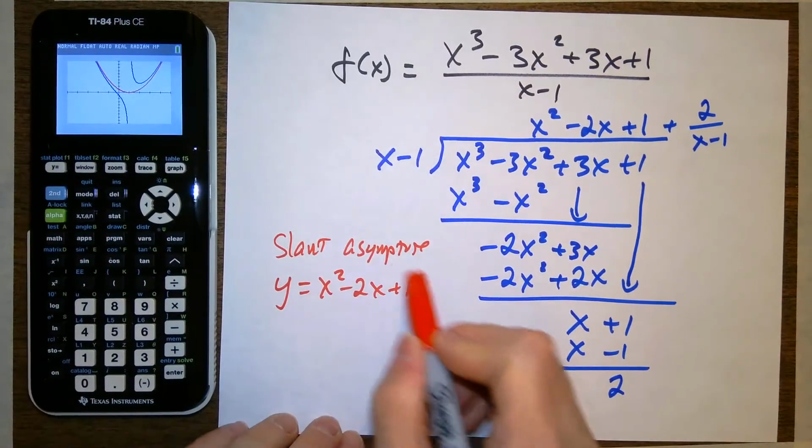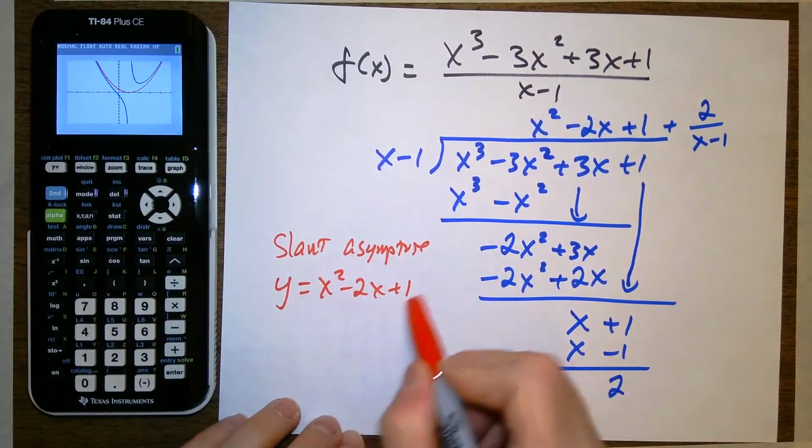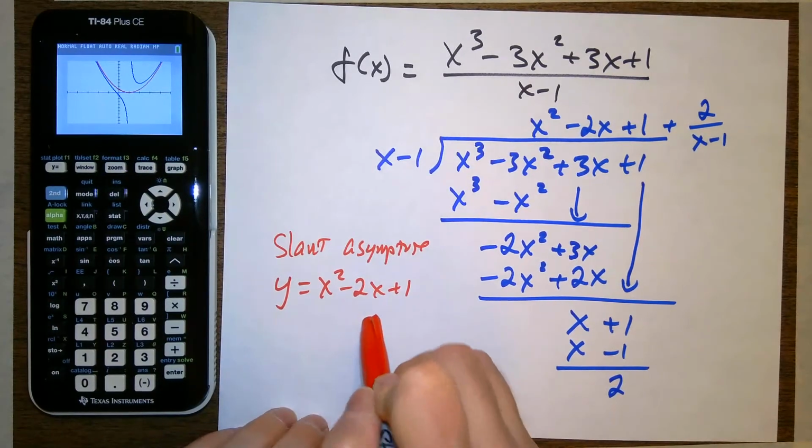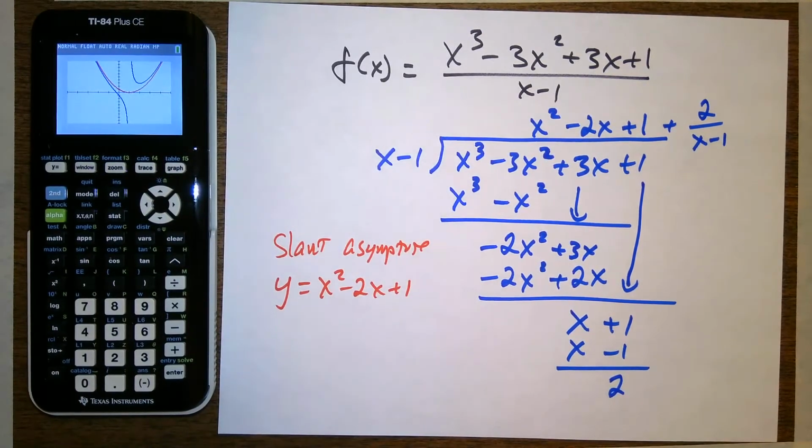But this is the asymptote. The function values are getting closer and closer to this curve right here. That's my end behavior asymptote. As we saw with the concentration problems, the end behavior asymptotes often have some sort of real-world meaning. Let's take a look at a sample problem now.